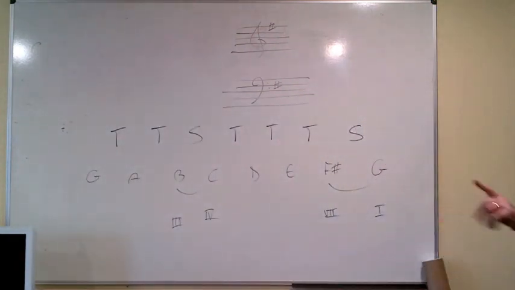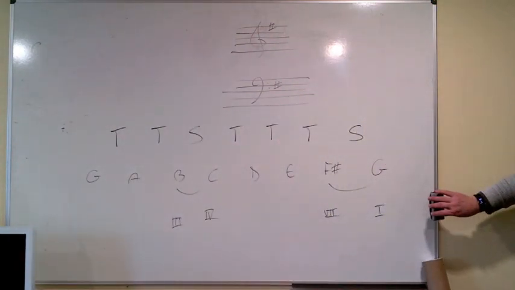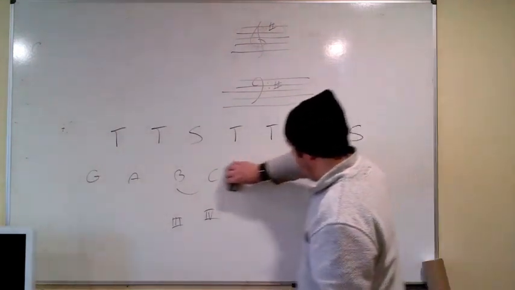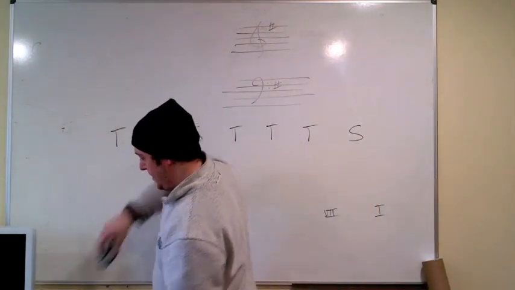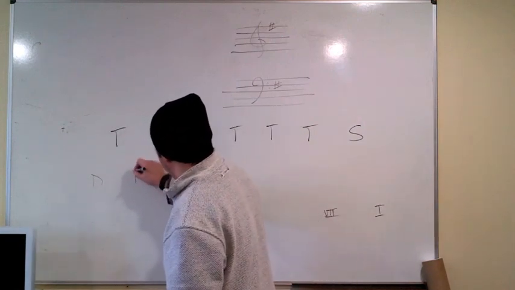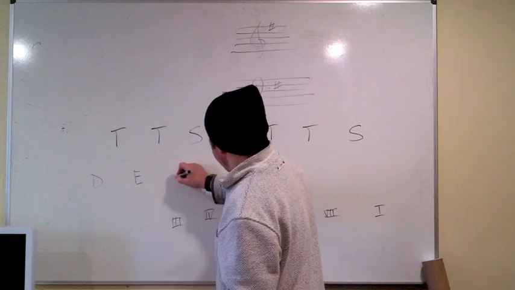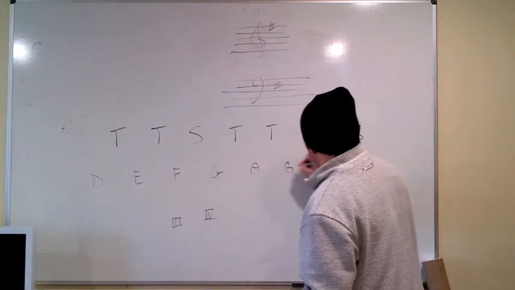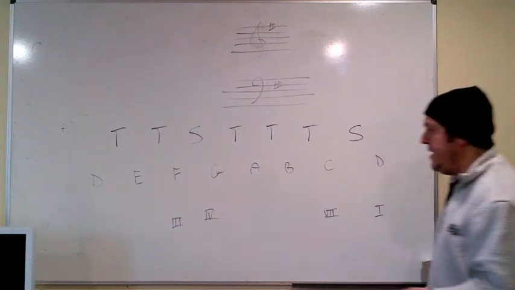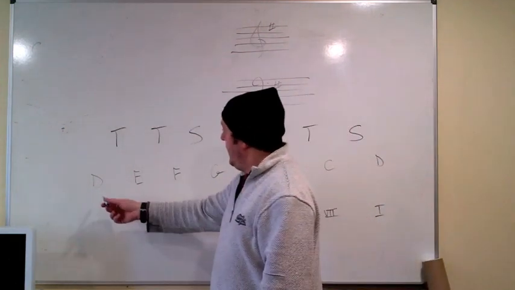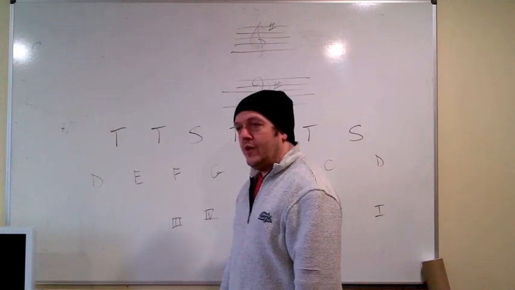Now, let's push it to the next major scale with sharps, which is D. All the notes from D to D: D, E, F, G, A, B, C, and D again. Let's check. D to E, is it a tone?